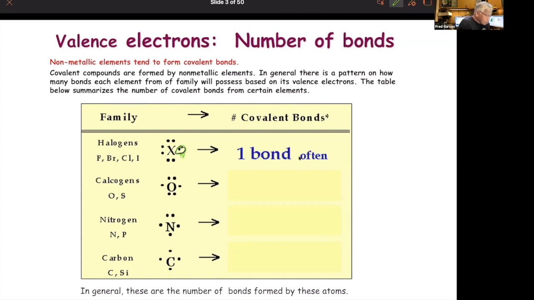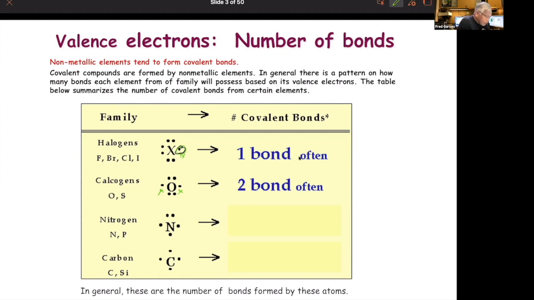Oxygen has 6. So by pairing these two, it can form 2 bonds. So I say here that the halogens often have just 1 bond, but again, there's the exception. Some halogens can have 3, some can have 6, okay? But fluorine definitely just wants 1, but these are the general rules.